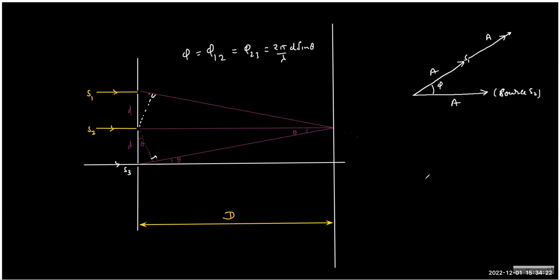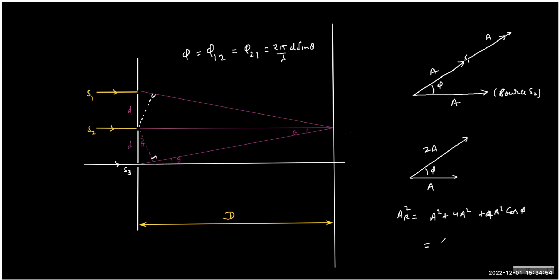So the answer becomes a vector A and a vector 2A. What is the resultant? A square plus 4A square plus 2 A into 2A into cos phi.